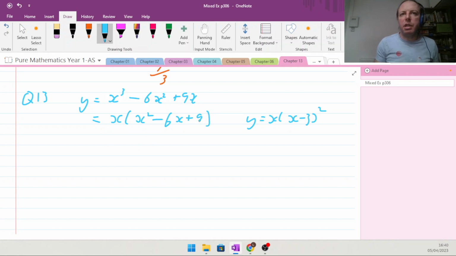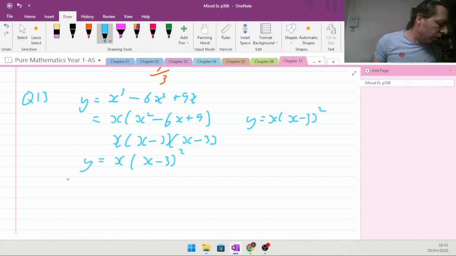Then we can say it's x minus 3 and x minus 3, because the two x's give us x squared, minus 3x gives us minus 6x, and minus 3 times minus 3 is 9. So we end up with x (x minus 3) squared.